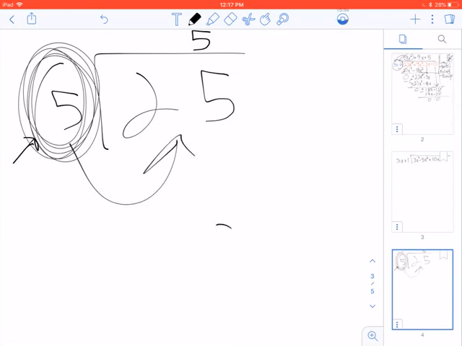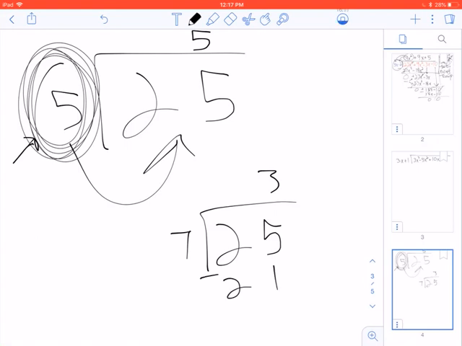What would happen if I tried to divide the number 25 by something that I know is not a factor, like let's say 7. 7 is not a factor of 25. Well, how many times does 7 go into 25? It goes in 3 times. 3 times 7 is 21, and when I do the subtraction, I'm left with a remainder of 4. 7 does not go into 4 any times, right?